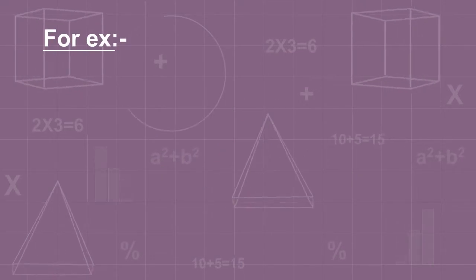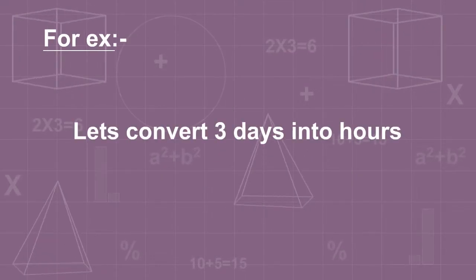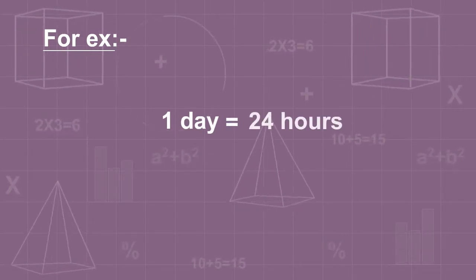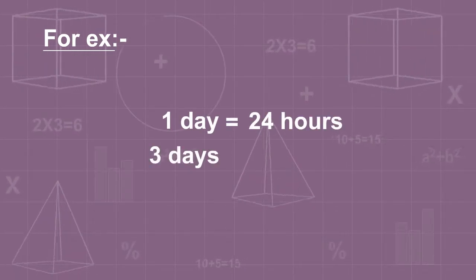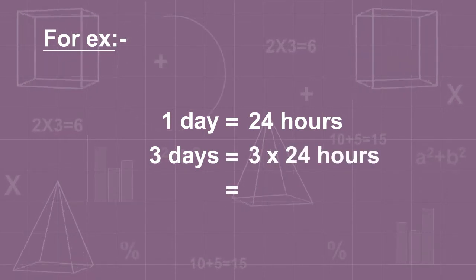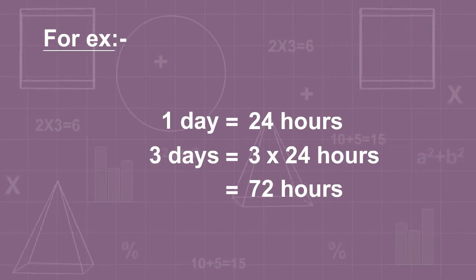For example, let's convert 3 days into hours. As you know, 1 day is equal to 24 hours. 3 days is equal to 3 into 24 hours, which is equal to 72 hours.